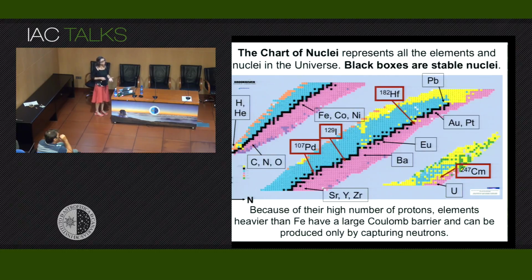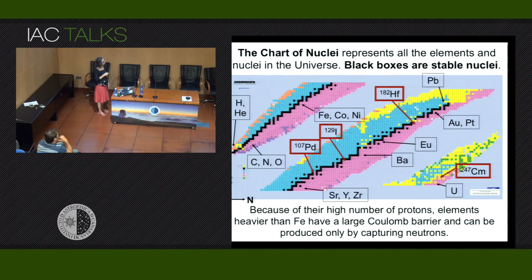What we can do, though, is capture neutrons, because neutrons don't have a charge. So all the nuclei from iron up can only be produced by capturing neutrons. And all the 4 isotopes that I showed you before are all located, as I already mentioned, beyond iron, okay?